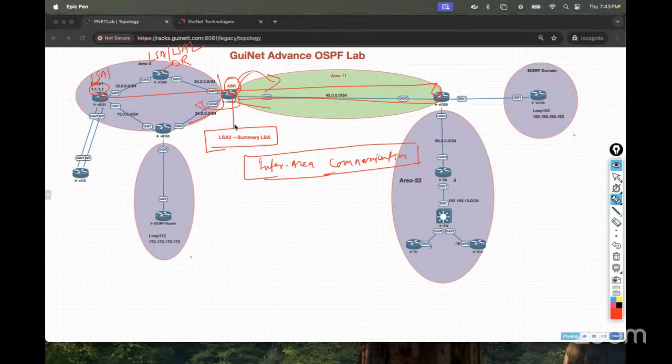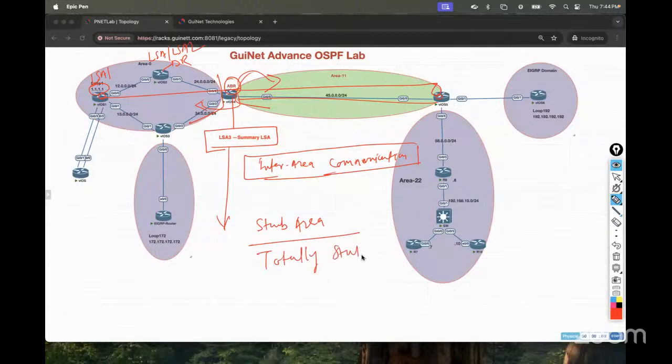So this is going to be advertised across other areas, but make a special note. If you have a stub area, you might not be aware what the stub area is. We have totally stubby area, and we have another area known as the not-so-stubby area.